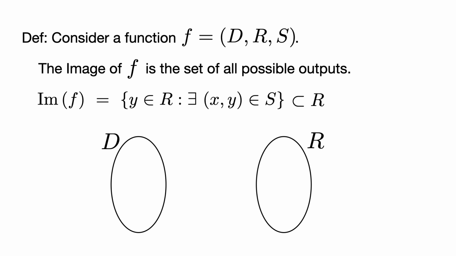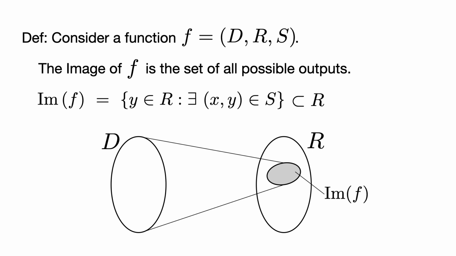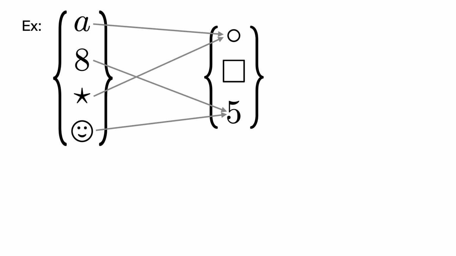So if this oval on the left represents the domain and this oval on the right represents the range, and we see that all elements in the domain map to this subset of the range, then that subset is the image of f. Here is our example from before. We see that none of the inputs map to the element of the range square, and the image of f is just circle and 5.